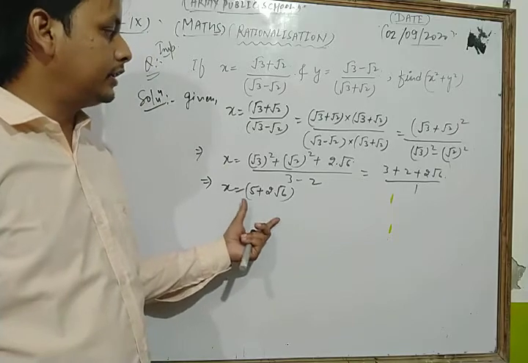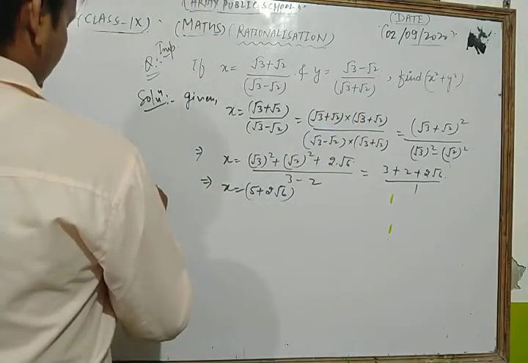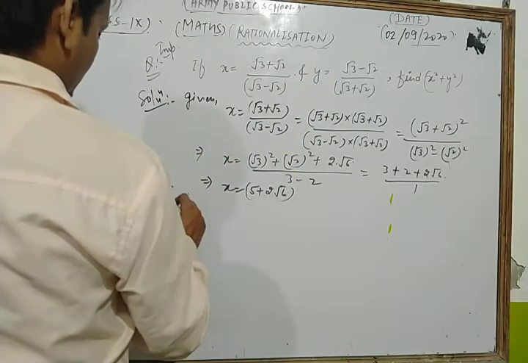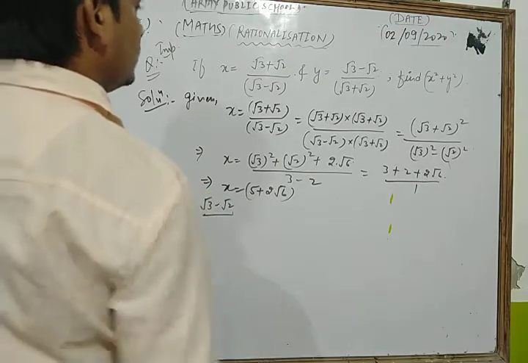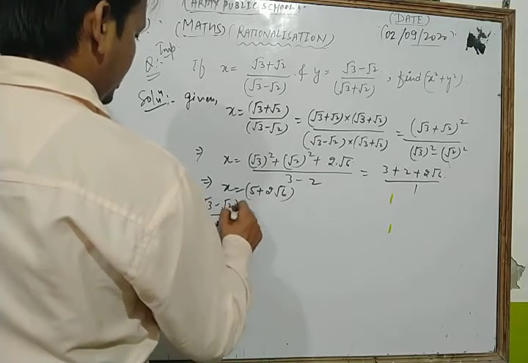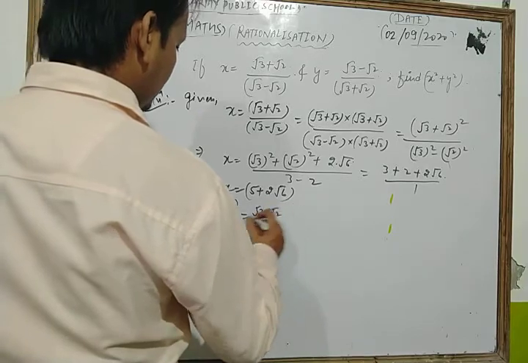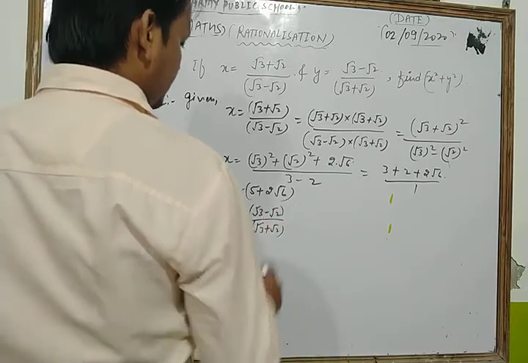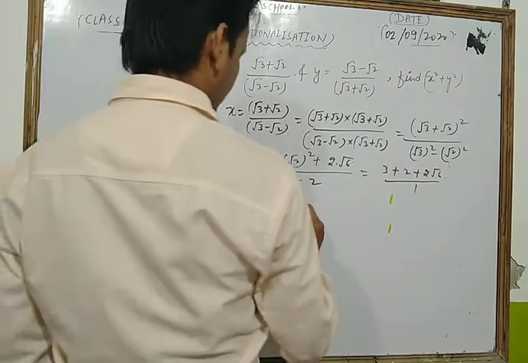Now similarly we get the value of y. Let's see. The value of y is (root 3 minus root 2) upon (root 3 plus root 2). Now we must multiply both the numerator and denominator by its conjugate.